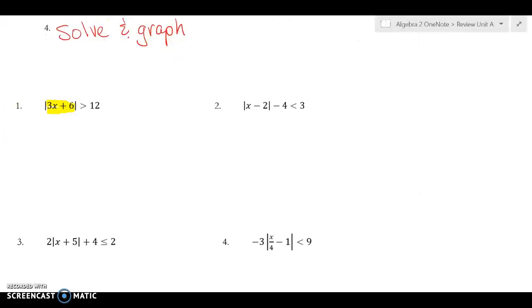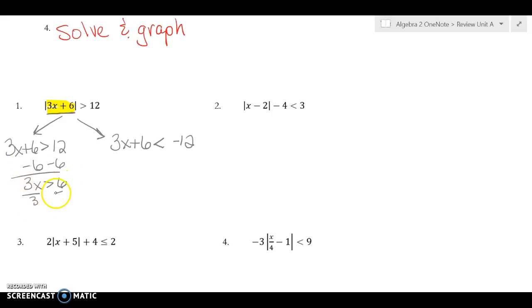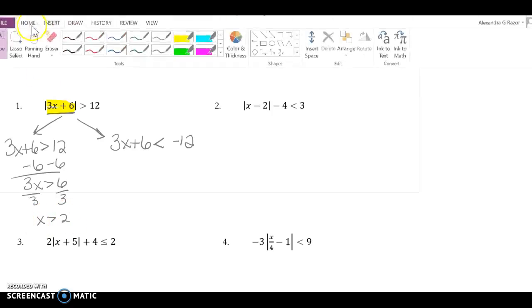The first one stays the same: 3x plus 6 is greater than 12. The second one is where I have to flip the inequality and make it a negative 12. You should notice, though, that the inside stays exactly the same. So now I subtract 6 on both sides, and I get 3x is greater than 6. And I divide by 3, so x is greater than 2.